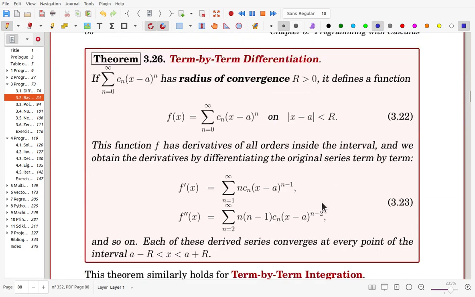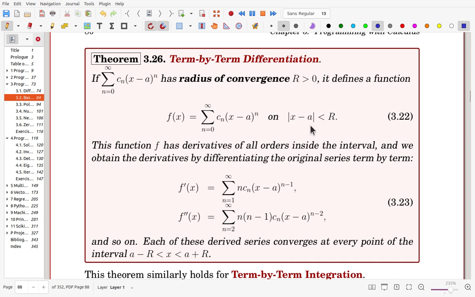The reason we are using power series representation is here. Once the power series has radius of convergence R, that means the series is convergent when we choose x satisfying this inequality.